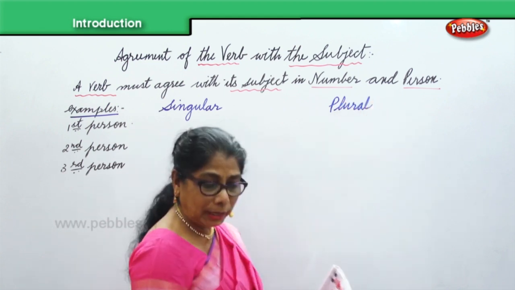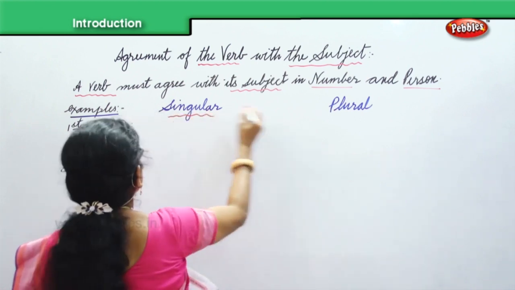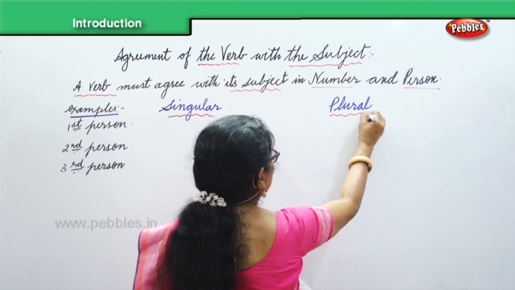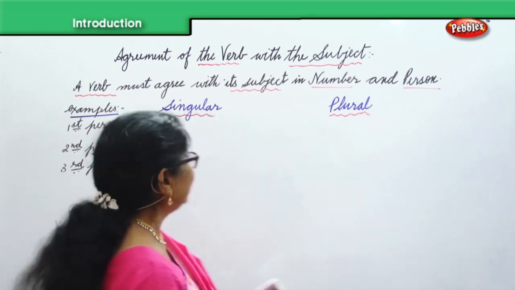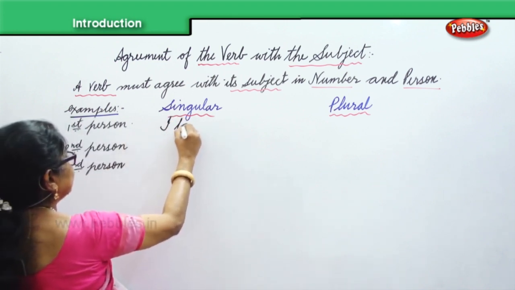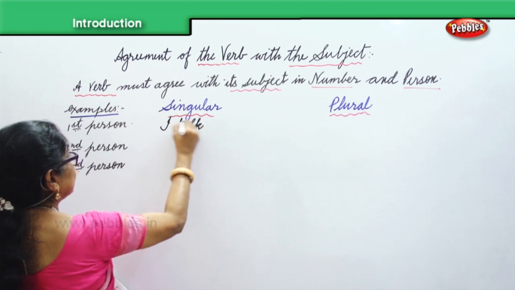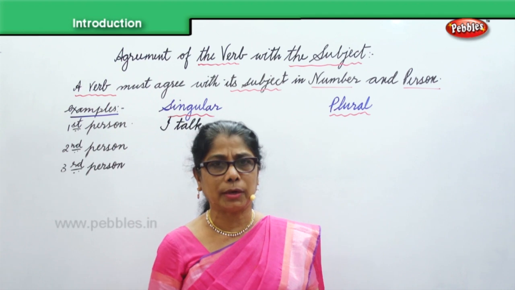Now we're going to look at the verbs, how they change. First person singular, first person plural. When you say I talk, in the first person singular you will say I talk.